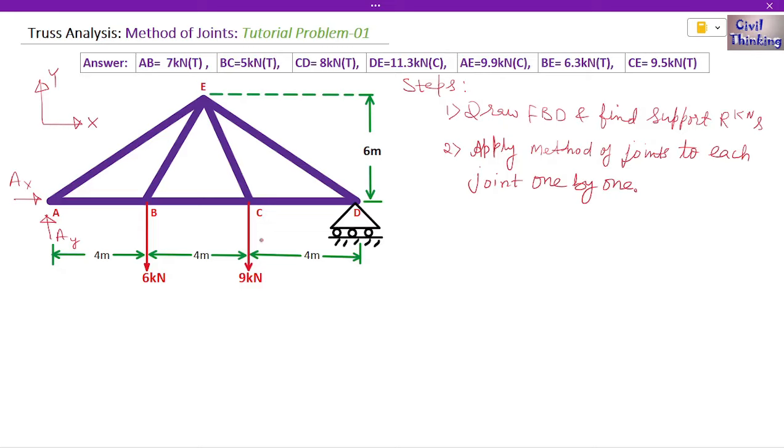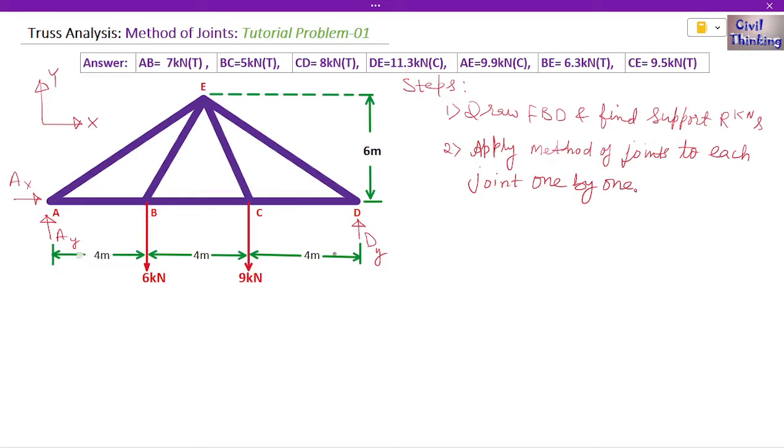Now here we have a roller support, so to replace it with a support reaction, there is only one support reaction in case of a roller. Let me erase this. At a roller there is only one reaction, and it is a vertical reaction, DY.